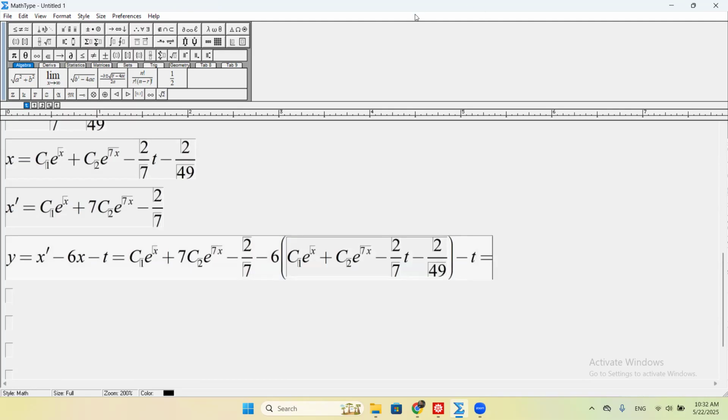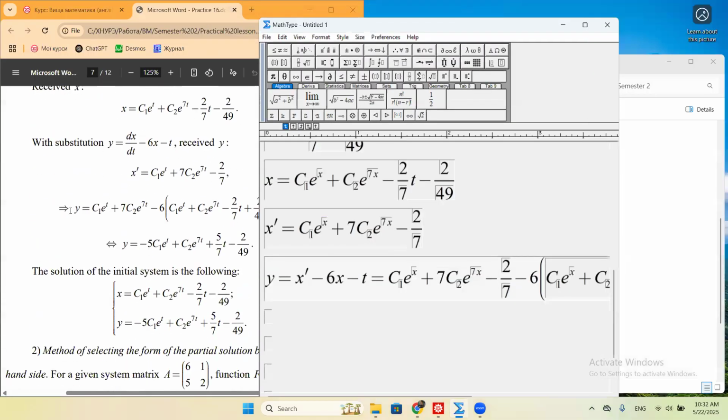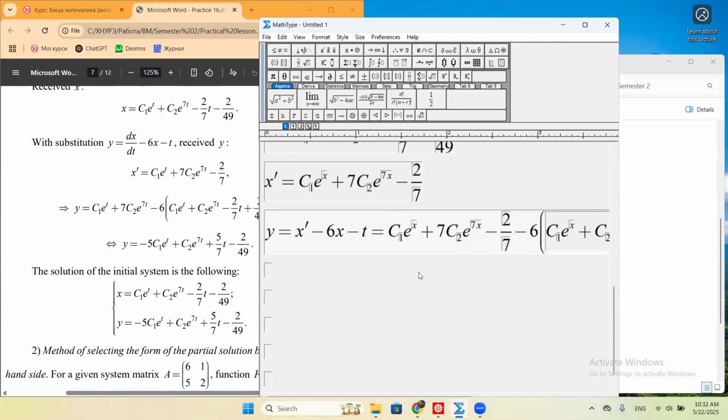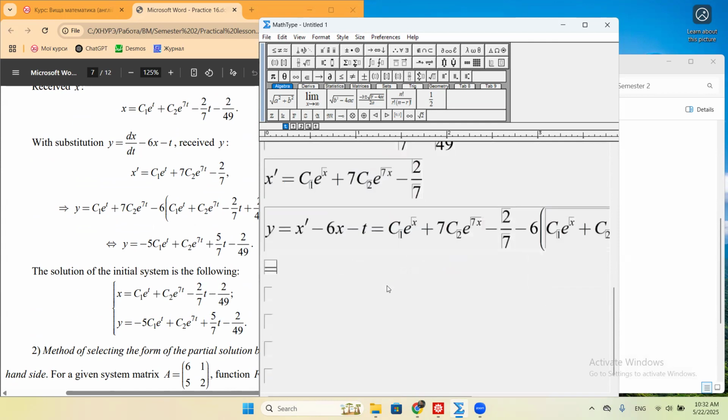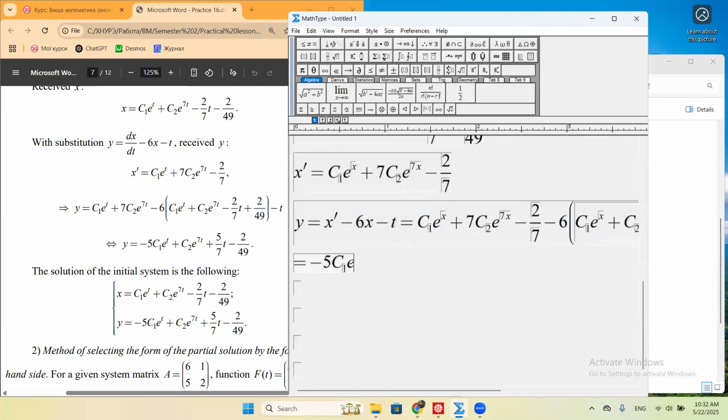And after we expand all brackets, we will receive the following expression. So minus 5c1 e in power of t.